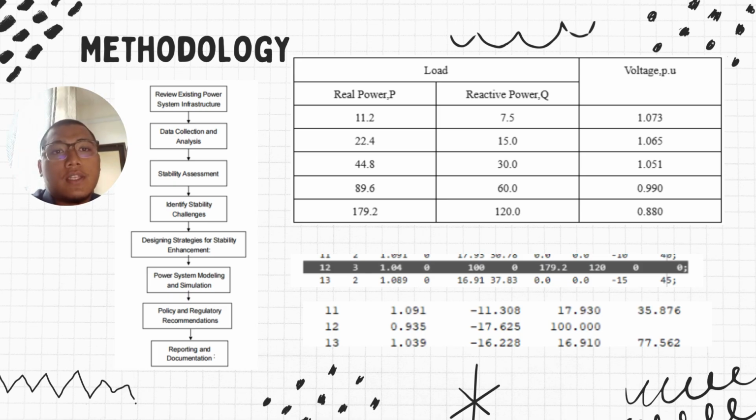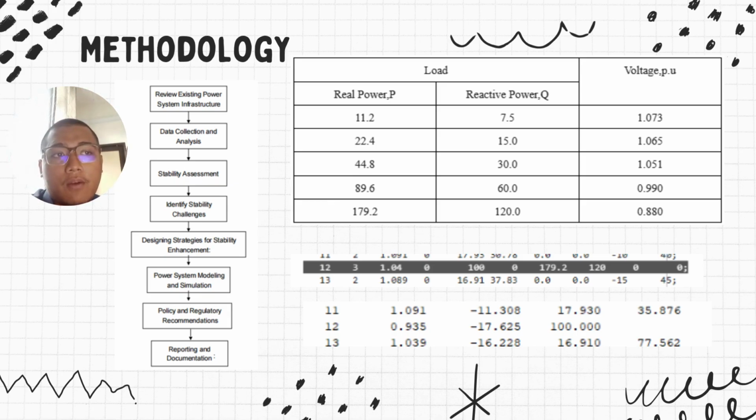The next one is the result of the impact of the biomass power plant on load flow analysis. The load flow at bus 12 may be impacted by the biomass power system. In order to help ease the problem, a biomass power plant has been constructed at bus 12. The result determines whether biomass power generation is used and whether the electricity is added to the system. 100 megawatt is the value that we use.